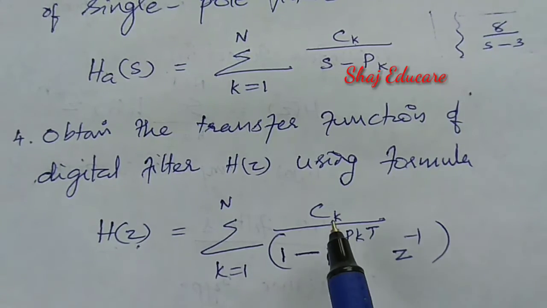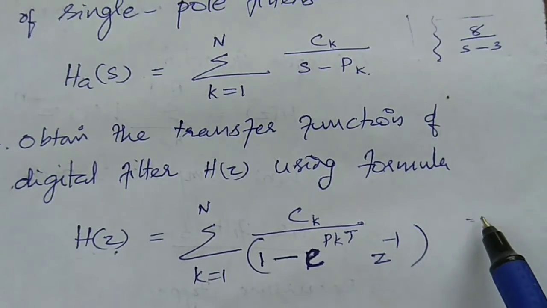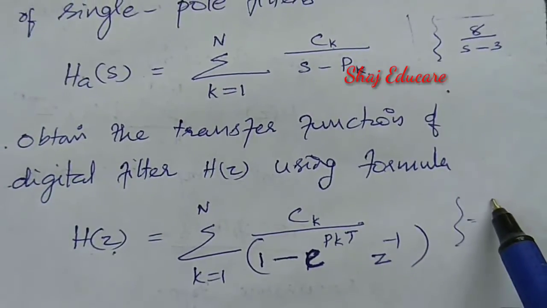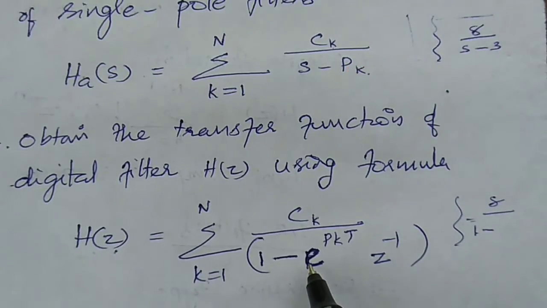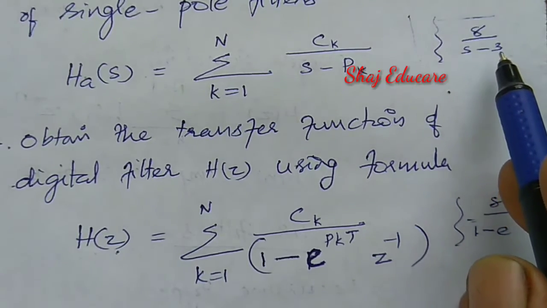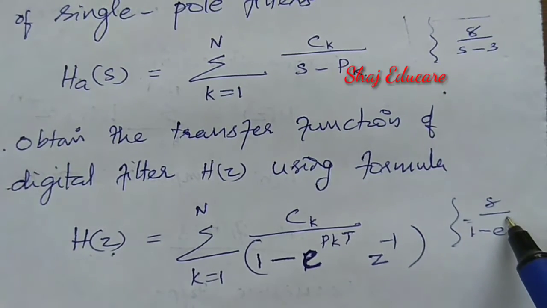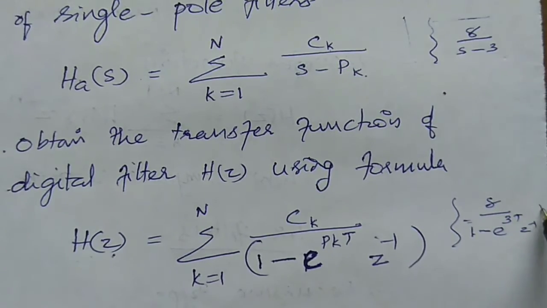Here Ck can be directly written. In our case, if Ck is equal to 8, we can write 8 divided by 1 minus e raised to Pk T z inverse. What about Pk? In our example, Pk is equal to 3, so e raised to 3 T, followed by z inverse.